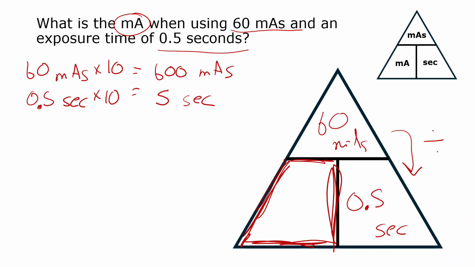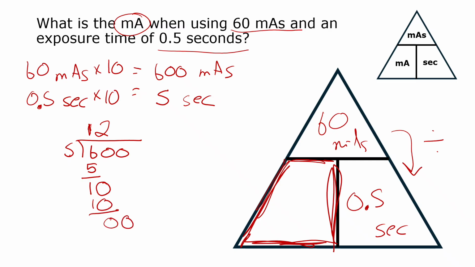All right, so let's do our long division. We'll have 5 divided by 600. 5 goes into 6 one time. 1 times 5 is 5. 6 minus 5 is 1. Carry down this 0. 5 goes into 10 2 times. 2 times 5 is 10. 10 minus 10 is 0.